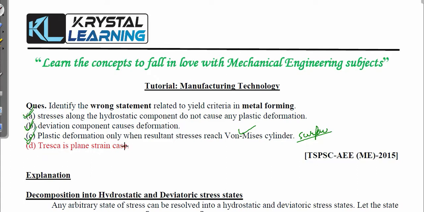Then we come to D. D says Tresca is a plane strain case, but here it is saying metal forming. So in sheet metal we have seen that it is given for the plane stress condition, okay. So this is wrong with respect to metal forming. Just note down that it is with respect to metal forming and that too sheet metal forming. So the correct option will be the D option.